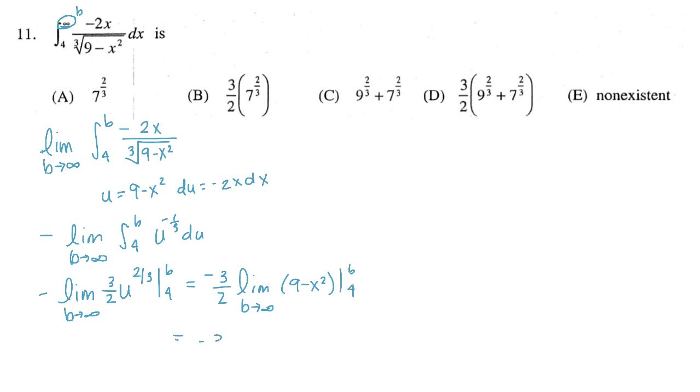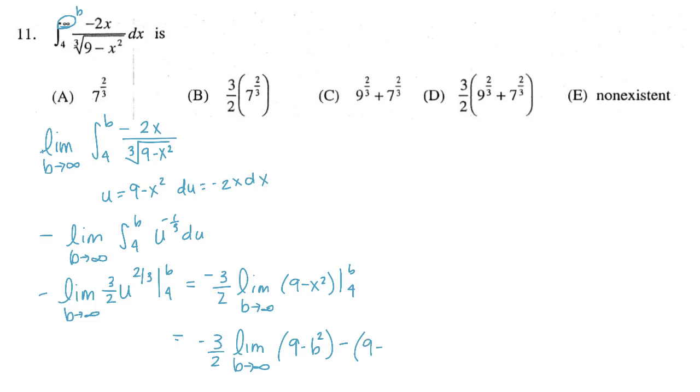So again, negative 3/2, and here the limit, again as b approaches infinity, of 9 minus b squared, minus 9 minus 16.